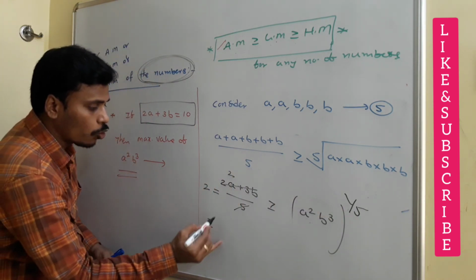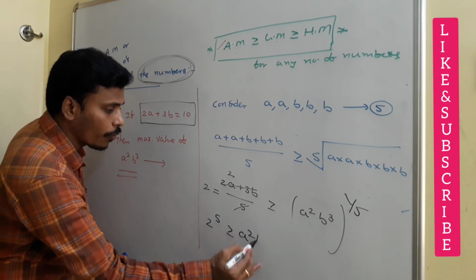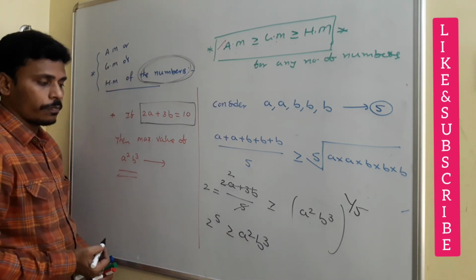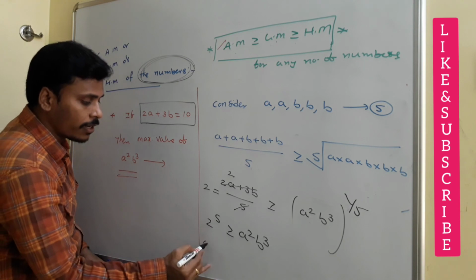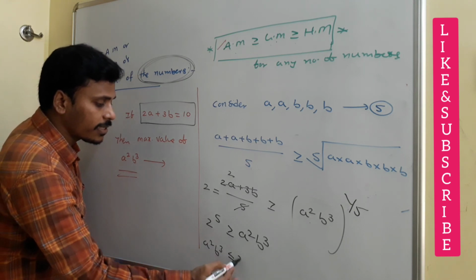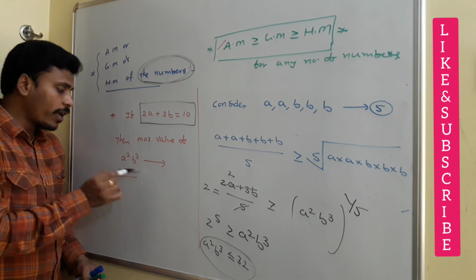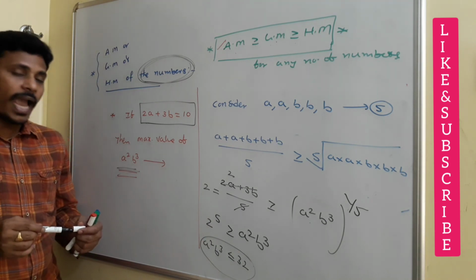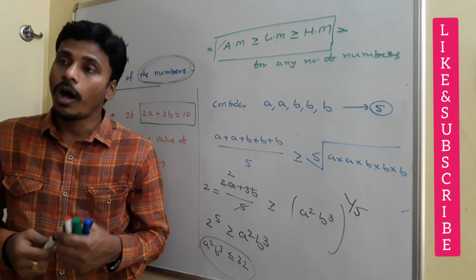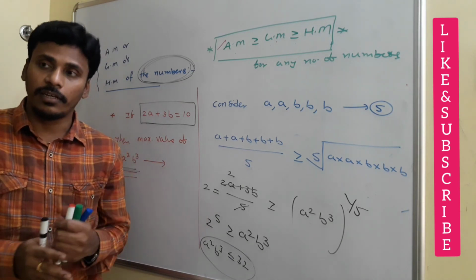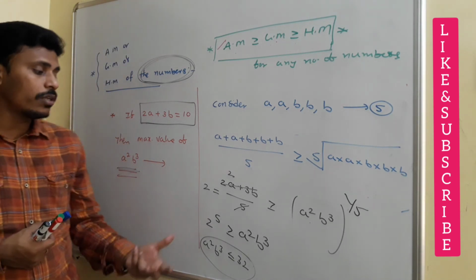Then it becomes 2 to the power 5 is greater than or equal to a square b cube. If you reverse it, a square b cube is less than or equal to 32. That means a square b cube is always either equal to 32 or less than 32. That means the maximum value is 32.